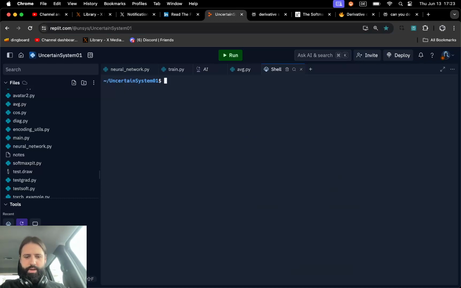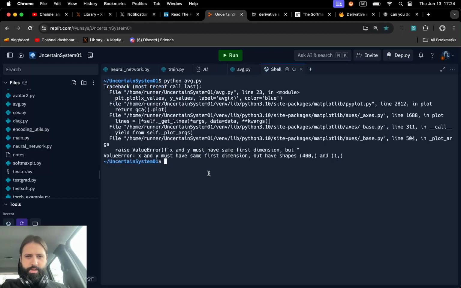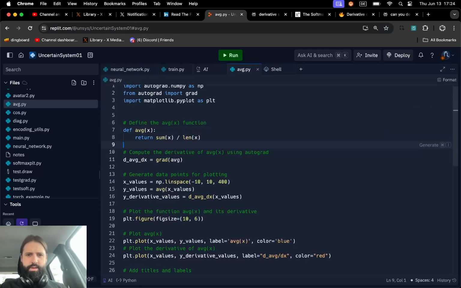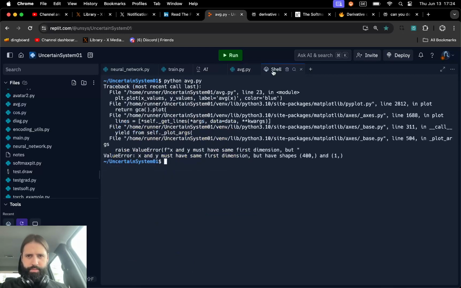Now it will tell me that it doesn't implement that either. What is it doing?